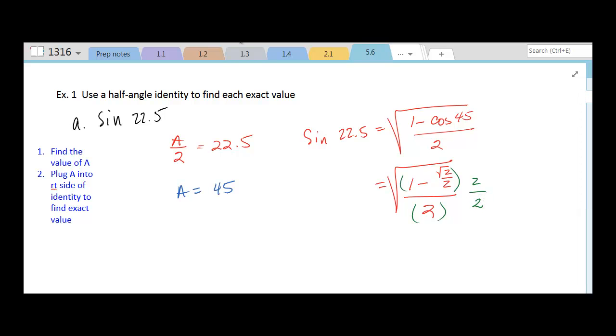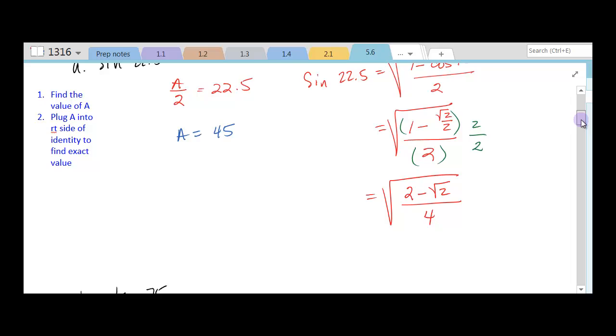So just using the distributive property, when I take 2 and multiply it inside of here, I get 2 minus, and then this 2 times that fraction gets rid of the denominator, leaving me with just the square root of 2. All of that's over 2 times 2, which is 4, and again under a single radical.